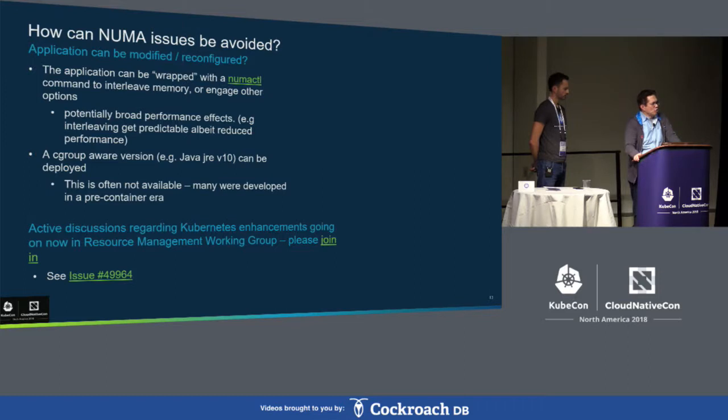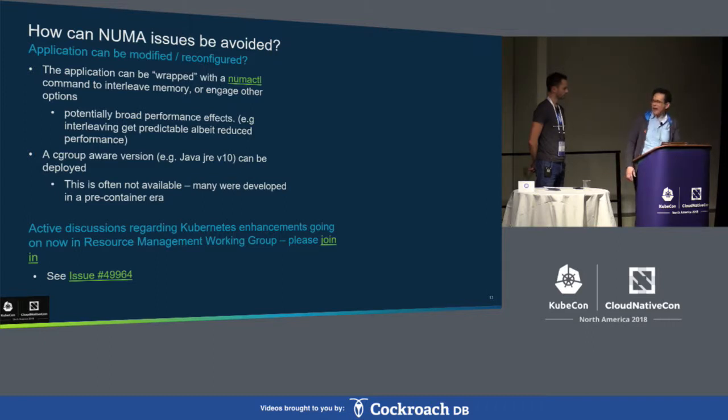For some of these application runtimes, if you're on the Java JRE, it turns out that they recently added enhancements. So moving up to JRE 10 might cause at least Java workloads to behave more acceptably. But sometimes this kind of stuff isn't available, or you're sucking in Java components that you didn't write yourself.